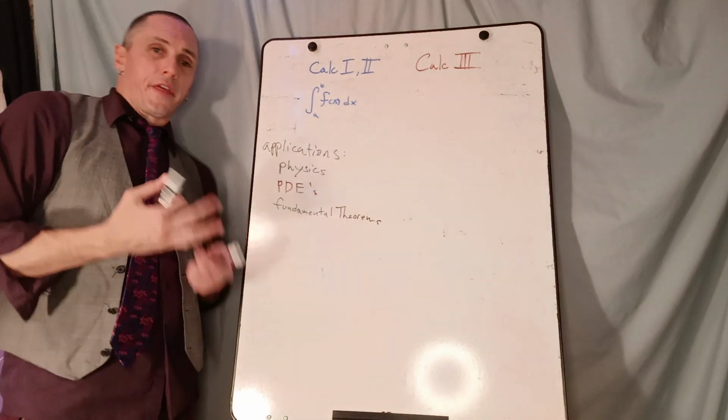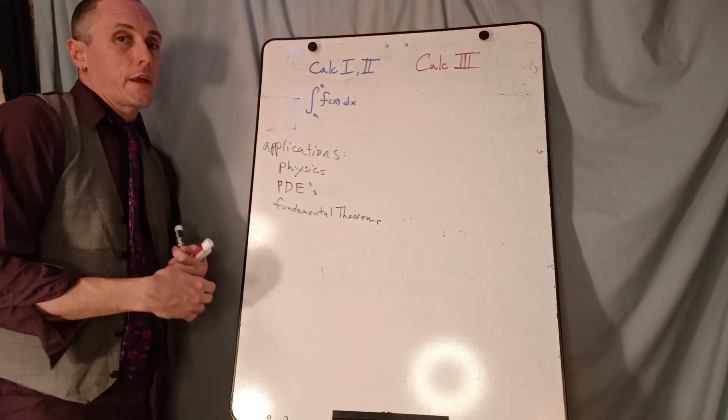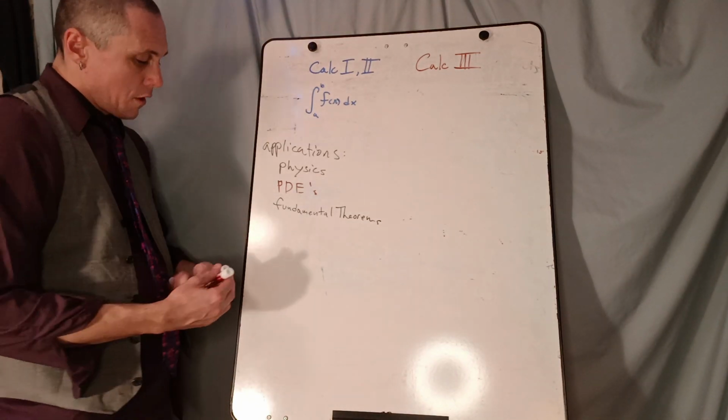So one of the ways you should think about a fundamental theorem is that it gives you some kind of backdoor to calculating some other quantity that you're interested in.